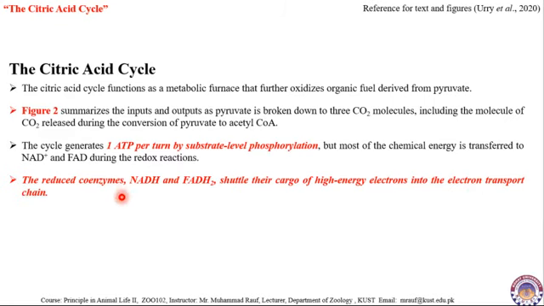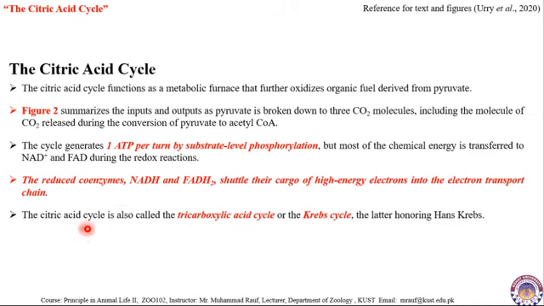So 2 NADH molecules were produced in glycolysis, and then 2 more NADH molecules were produced in the conversion of pyruvate to acetyl coenzyme A, and then in the Krebs cycle more NADH molecules were produced. So these high energy electron carriers then run the affairs in the electron transport chain.